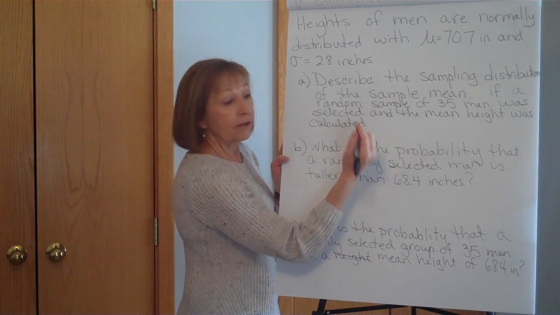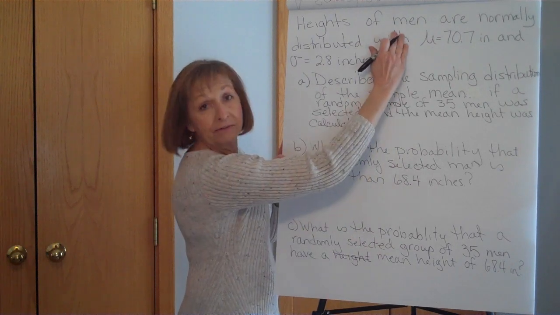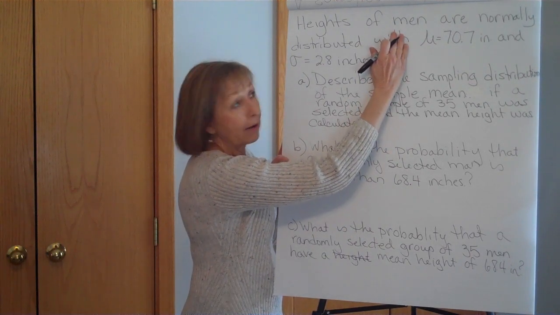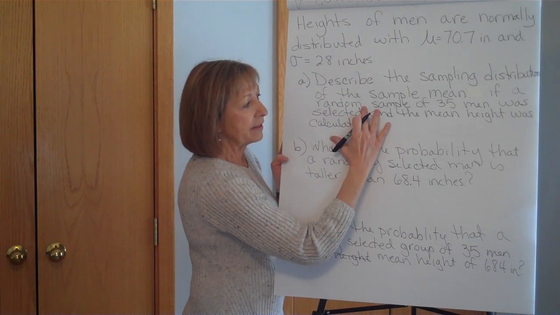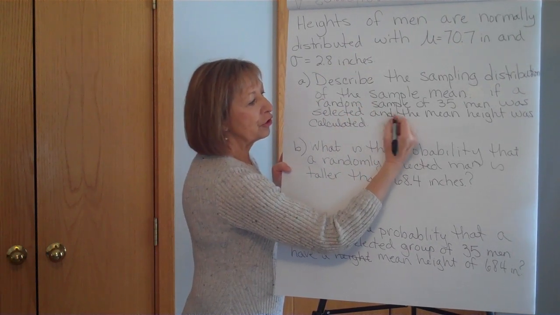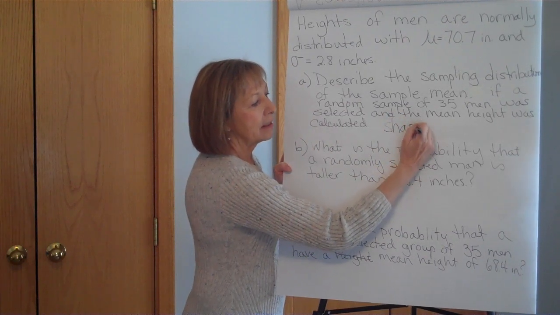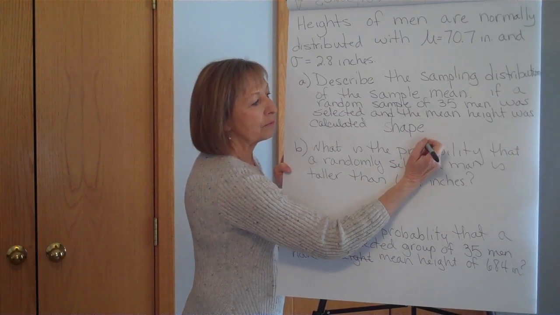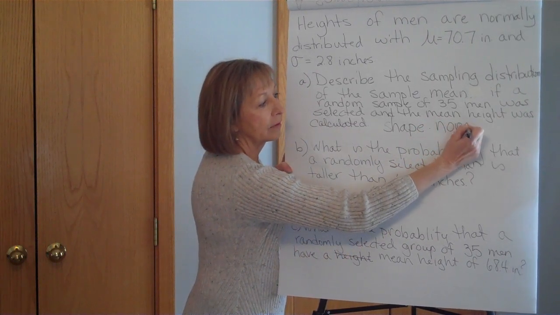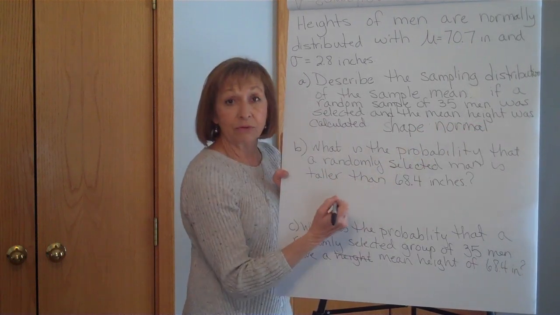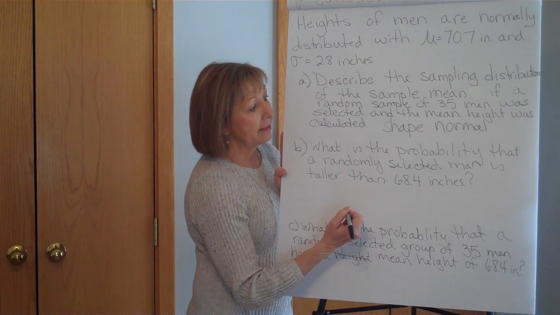The first thing is, because the individual numbers were normally distributed, so will the distribution of the sample means. So the shape of the sampling distribution of the x-bar will be normal because the individual numbers were normally distributed.